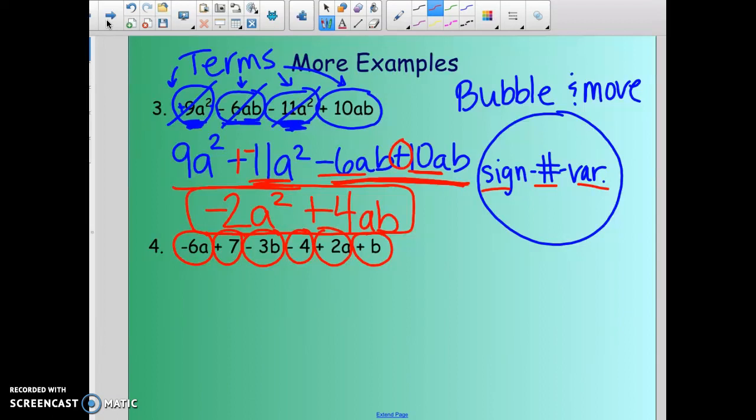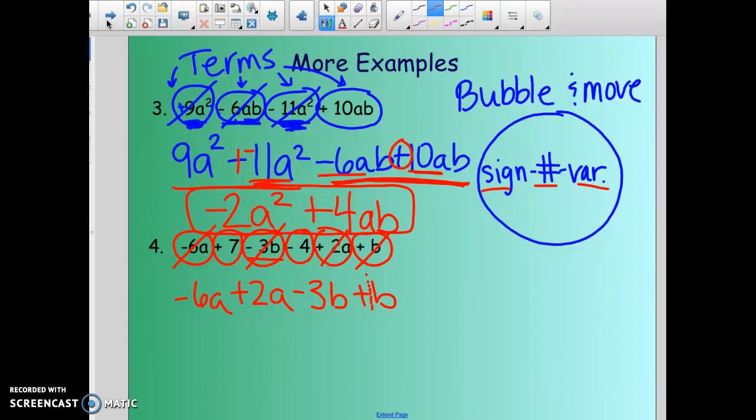So we have negative 6a. Look and see, do we have any other a's? We have positive 2a. There's no more a's. Now we're going to bring down our b's. So I have a negative 3b. I'll mark that out. And I have a positive b. Now remember, if you don't see a number in front of that, there's an invisible 1 there. That's 1b.